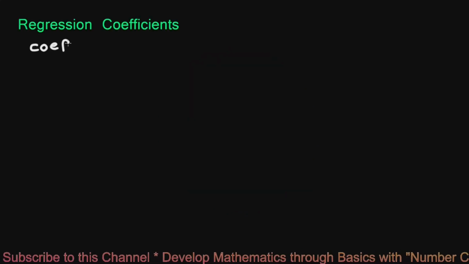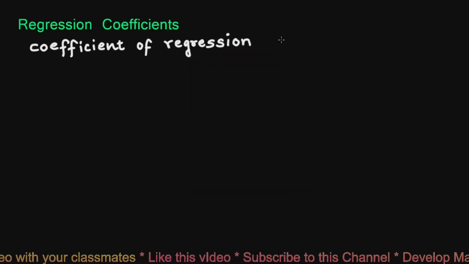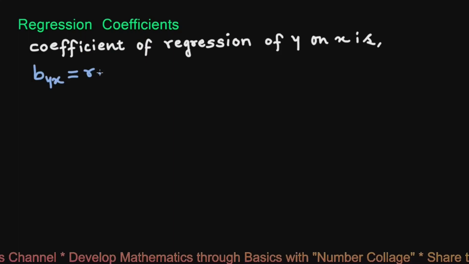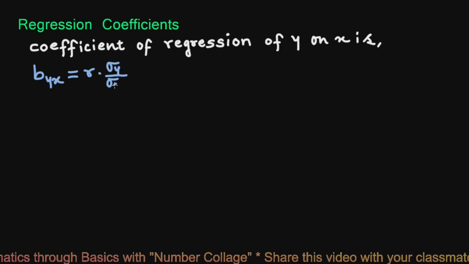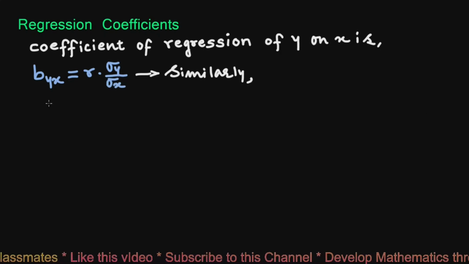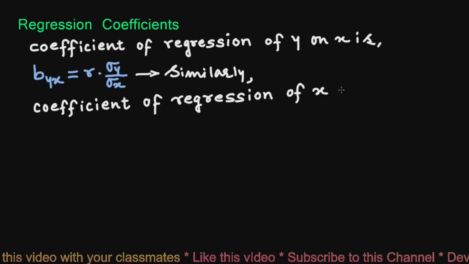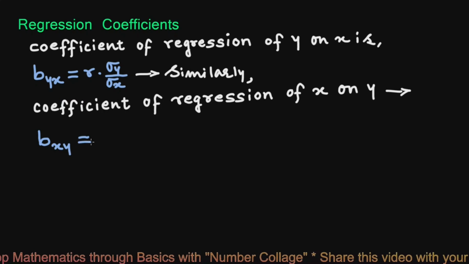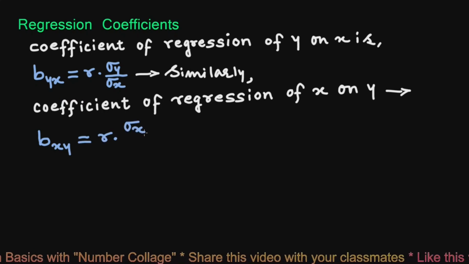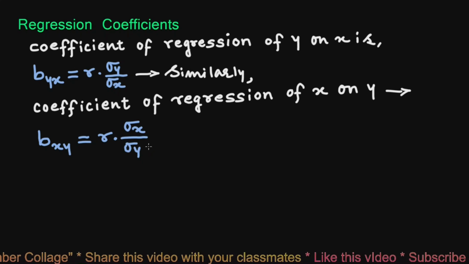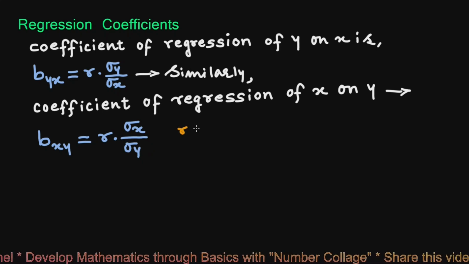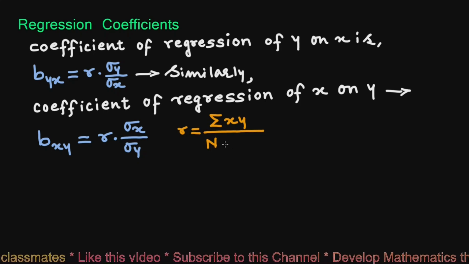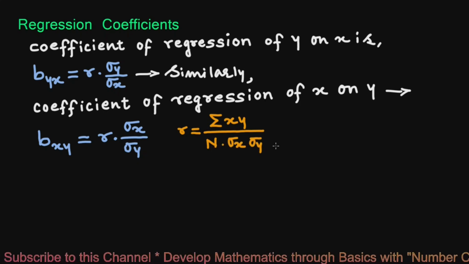If coefficient of regression of y on x is byx equals r into sigma y by sigma x, similarly coefficient of regression of x on y will be bxy equals r into sigma x by sigma y. Now we have r equals summation xy upon sum of frequencies n into sigma x into sigma y.